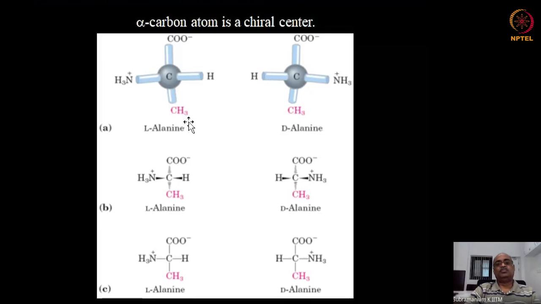Okay, so this is ball and stick. And this is a perspective diagram where you see this carboxyl group and methyl group are away from the plane of this slide, and these two are projecting from the plane towards you. So these two groups point away and these two groups point towards you. Essentially these two are opposite to these two. That is indicated by this angle here too.